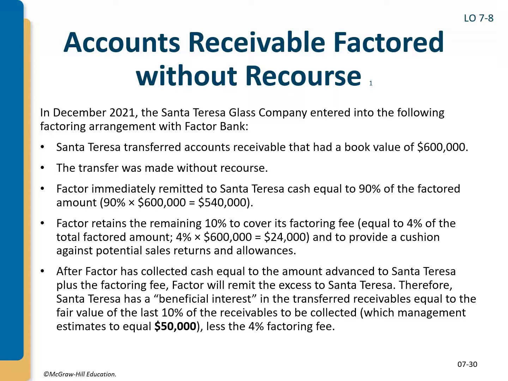After the factor has collected the cash equal to the amount advanced to Santa Teresa plus the factoring fee, factor will remit excess to Santa Teresa. Therefore, Santa Teresa does have a beneficial interest in the transferred receivables equal to the fair value of the last 10% of the receivables to be collected, less the 4% factoring fee.